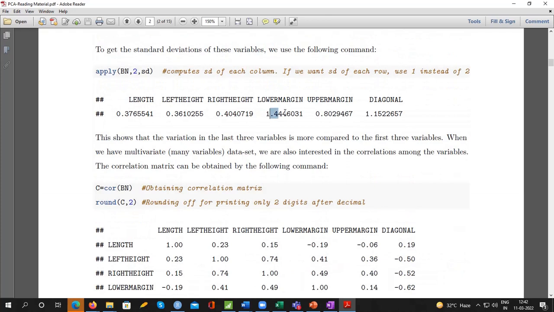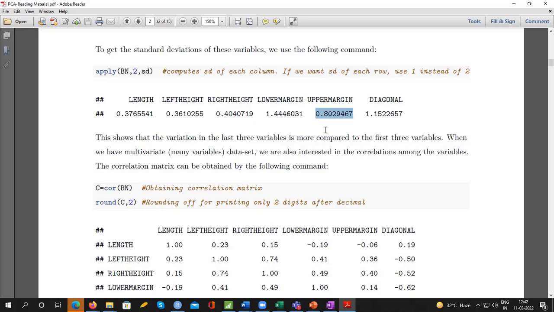See, lower margin had the highest variance, then diagonal also had high variance, and upper margin. So basically these three variables have comparatively higher variances than the other variables. Other variables have much lower. You can see here, right height has the fourth number, but the standard deviation of right height is half that of upper margin, the lowest among these top three.